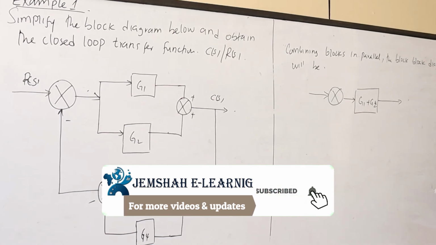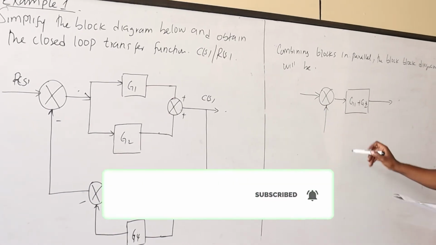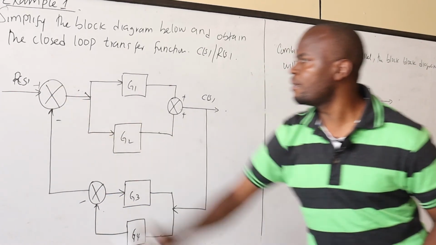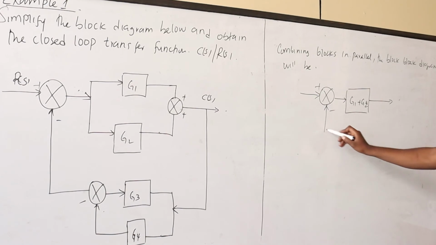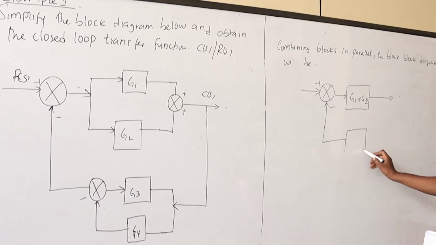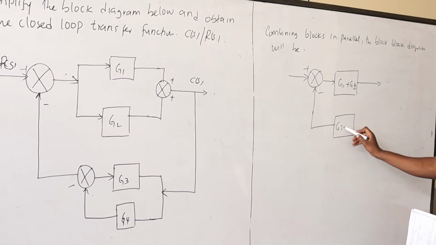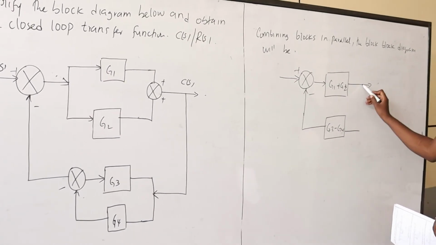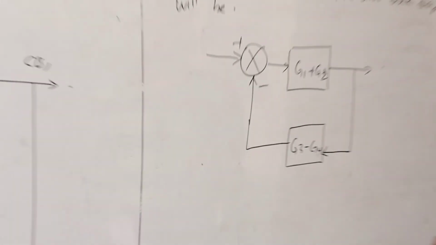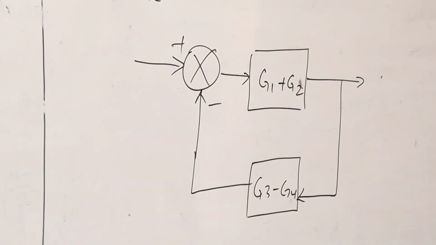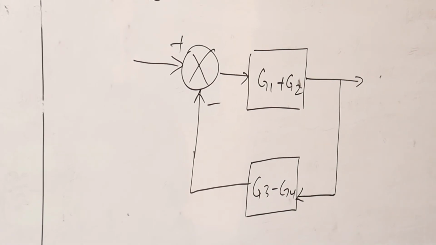Then here the feedback was minus, because that is plus. Then here we are going to have this block as G3 minus G4. And then this one was simple enough. From that point you can see that you already obtained the canonical block diagram.